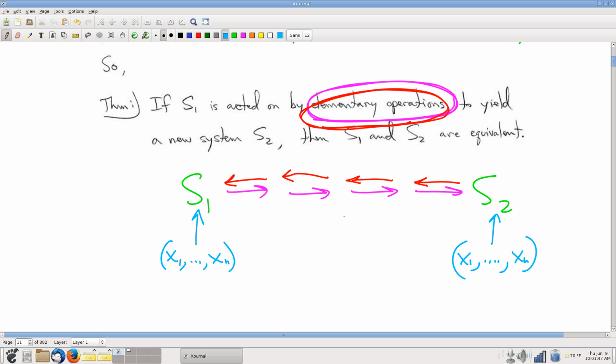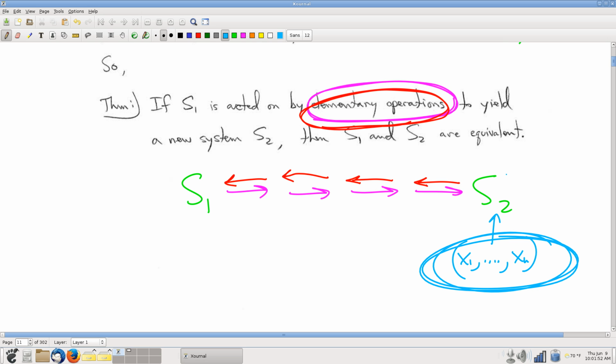To show equivalence, we have to show that it also goes the other way. Suppose that I have a solution to S2. Does it necessarily follow that I also have a solution to S1? And remember, this has got to go both ways. We need for the solutions to S1 to be solutions to S2 and vice versa. So, critically, because these elementary row operations are not just legal, but also reversible, that means that I have legal algebra going that way.